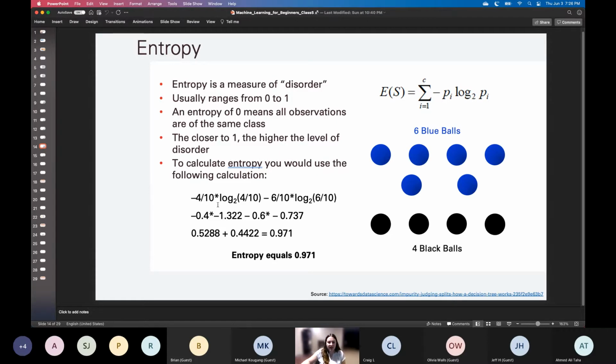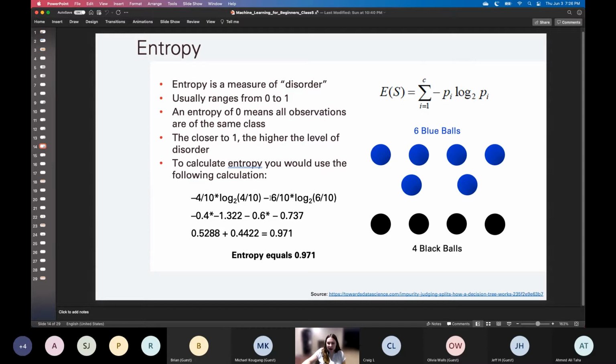In this case, we have a similar thing. If we have 6 blue balls and 4 black balls, we're just going to put it through this particular formula up here. You always have a negative in front, the 4 out of 10 for the black, multiplied by log base 2 of 4 out of 10.